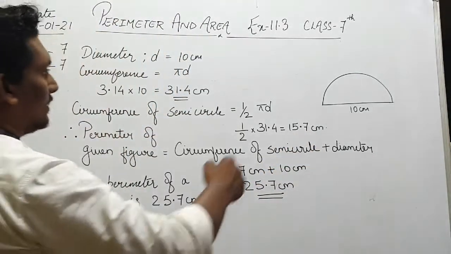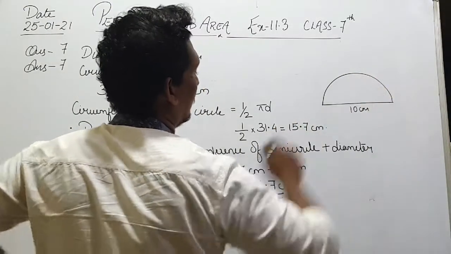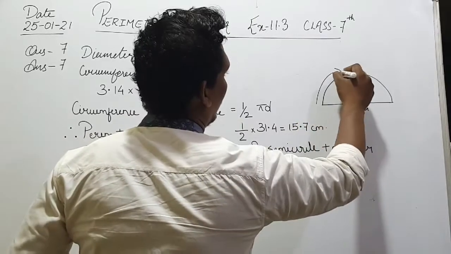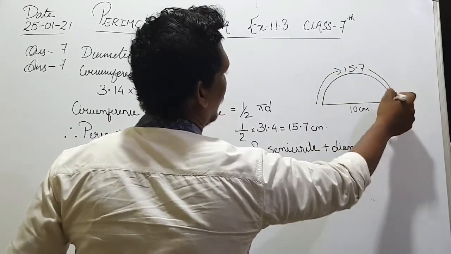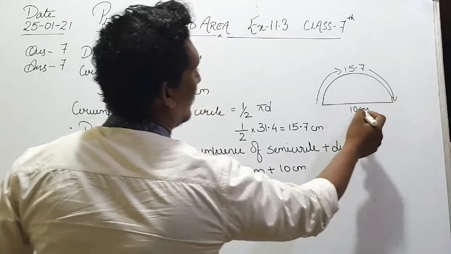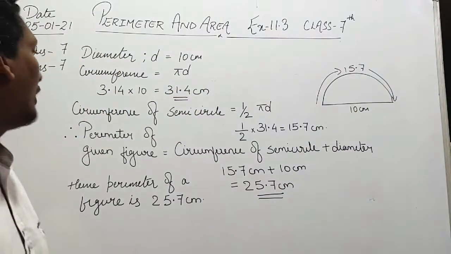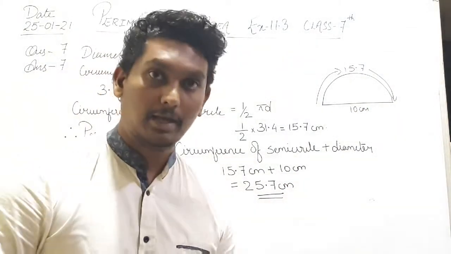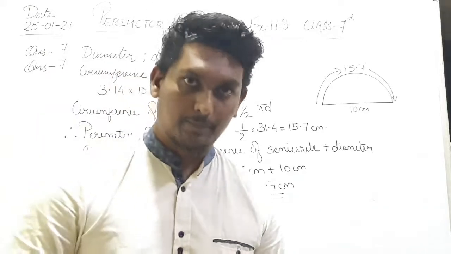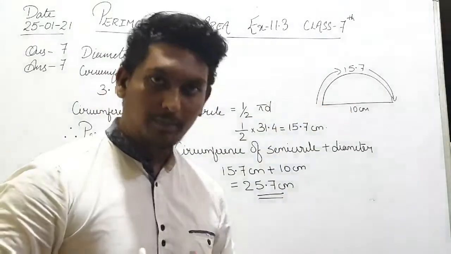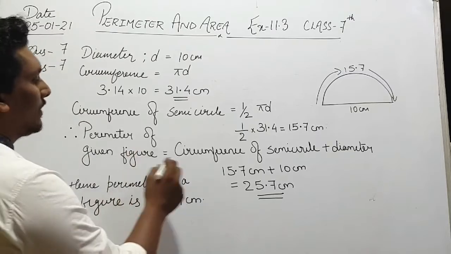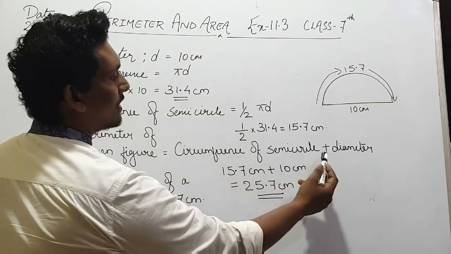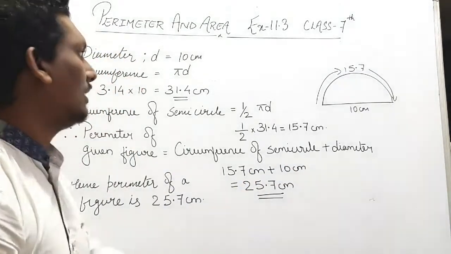Now this distance up to this point is 15.7, and this is the diameter. In the question we have to find the perimeter of this semicircle. So the perimeter of the given figure is the circumference of the semicircle plus the diameter.